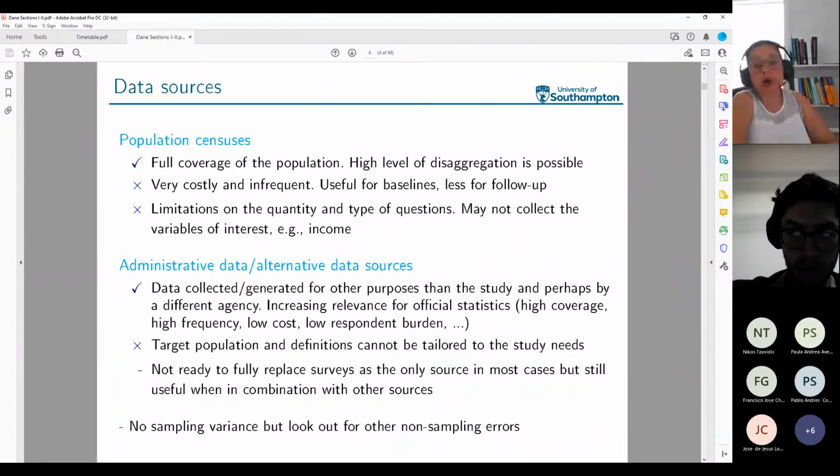And because they cover the whole population, high levels of disaggregation are possible. So having census data may be the only chance that we have to make a very accurate description of rare groups. Again, I'm thinking of something like people with a particular disability, or people from a particular ethnic group. It's going to be very difficult to describe this type of populations using surveys, but we can do that using population censuses.